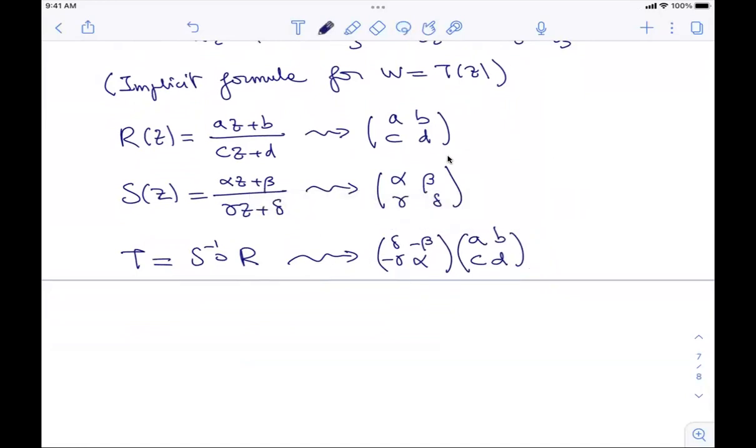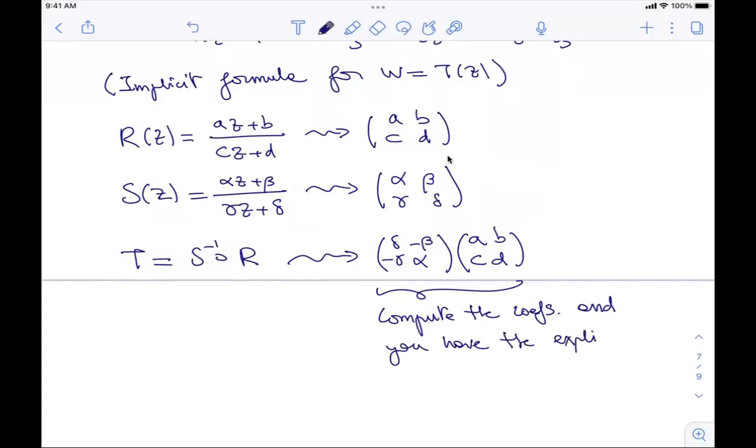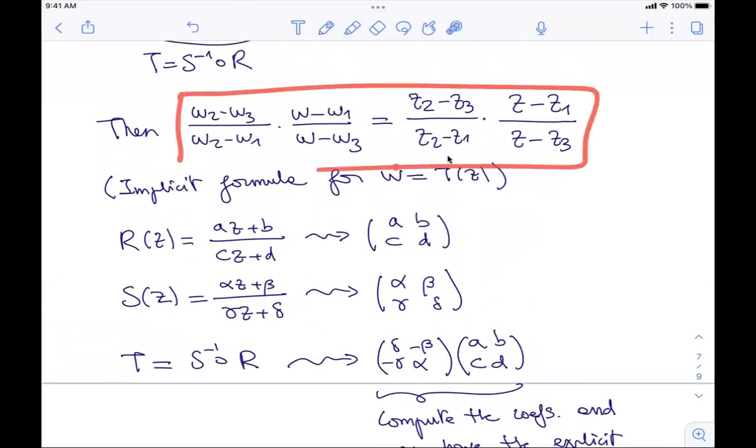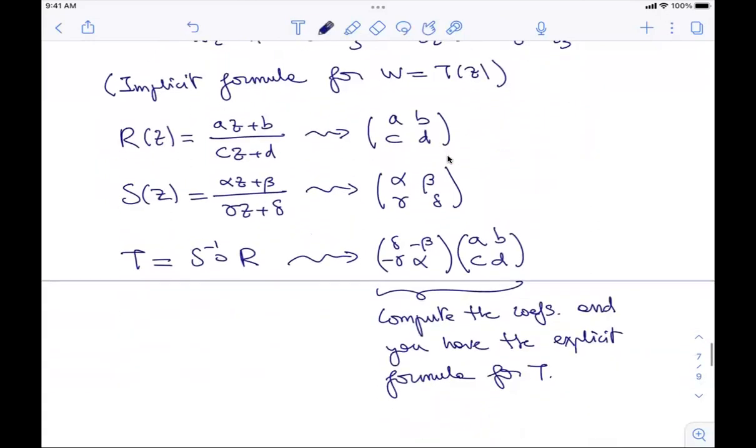You can compute the coefficients, and you have the explicit formula for T. Okay, and this is almost every time much easier than actually trying to solve from the implicit form. The implicit form has its interest also. Sometimes you can just go ahead and use it to write a transformation.